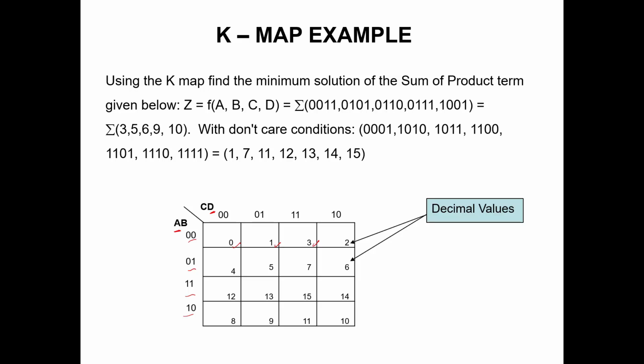If we change these values 00, 01, 11, 10, if I make it 01, 00, then this becomes wrong. So if you want to use the min values based upon the decimal values, then you have to fix the outer part of the K-map with A as MSB and D as LSB.